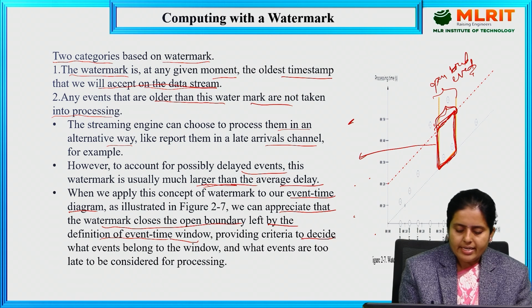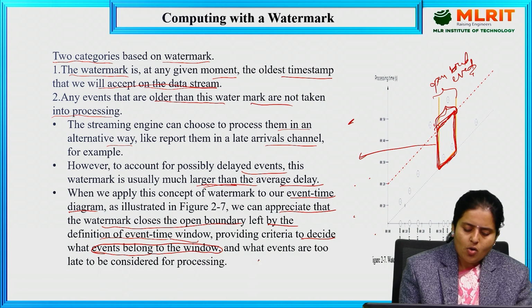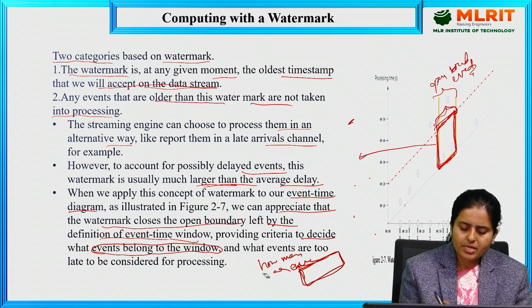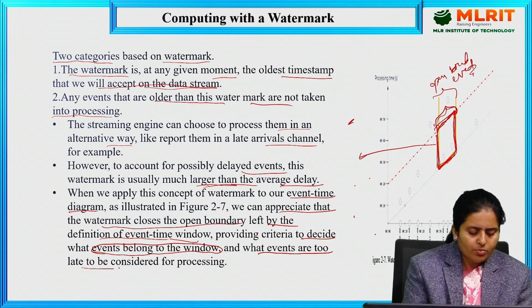It provides criteria to decide which events belong to the window. It shows how many events belong to that particular window, like a closed boundary. With respect to the watermark, we can calculate the window size and which events are too late to be considered for processing.